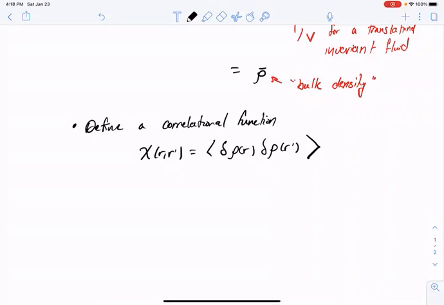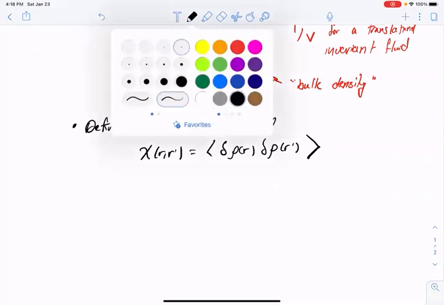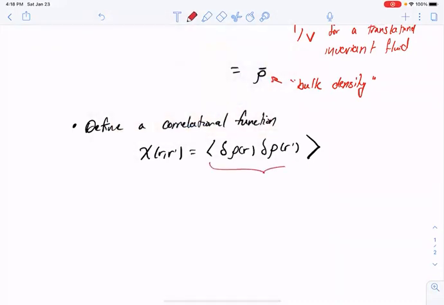We call that function a correlation function because if rho at R and rho at R prime are statistically independent, that would mean that I could average them separately.